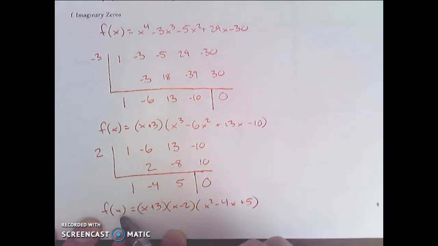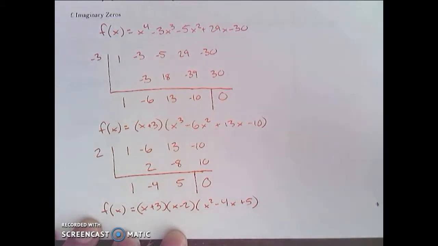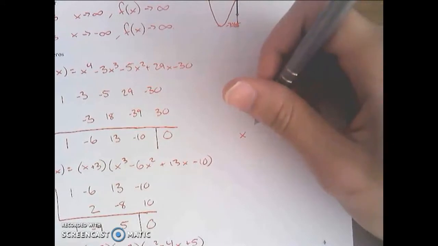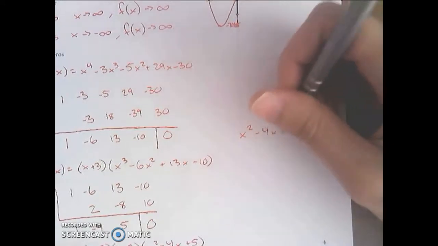It's our x-intercepts. So if we set the function equal to 0, using the zero product property, we already know that the solutions for a 0 are negative 3 and positive 2. But what are the zeros defined by this factor? Well, in order to find that, we set it equal to 0 using the zero product property. So x squared minus 4x plus 5 equals 0.